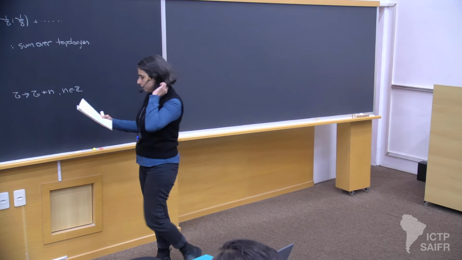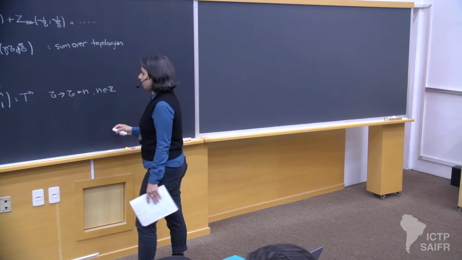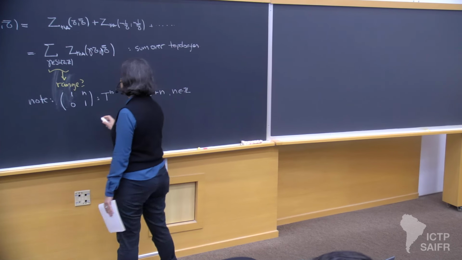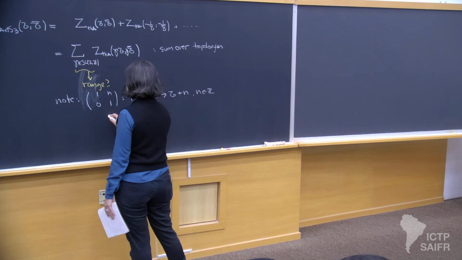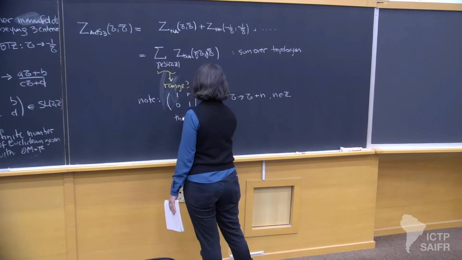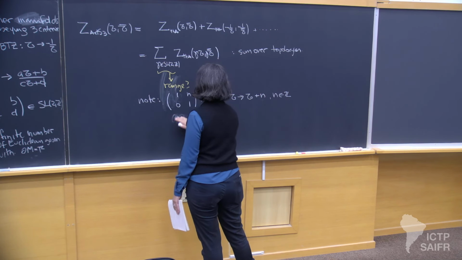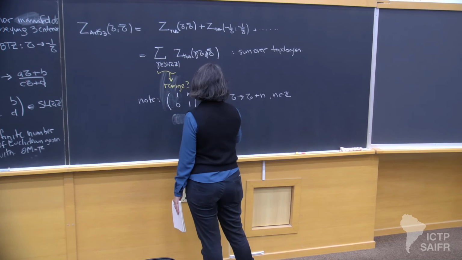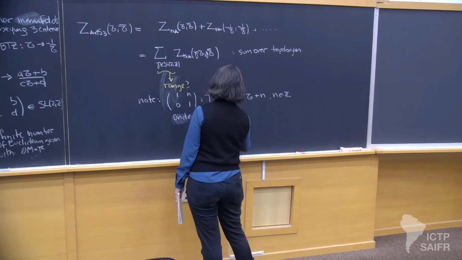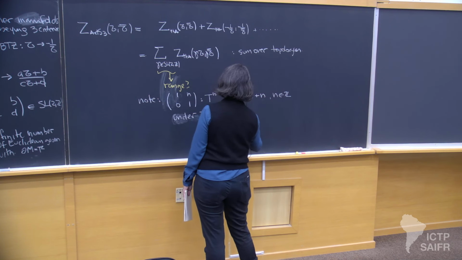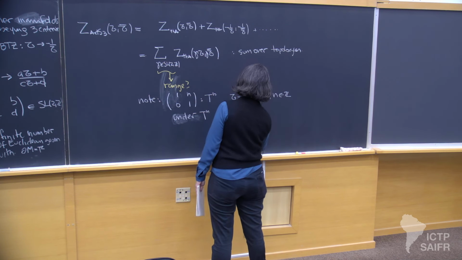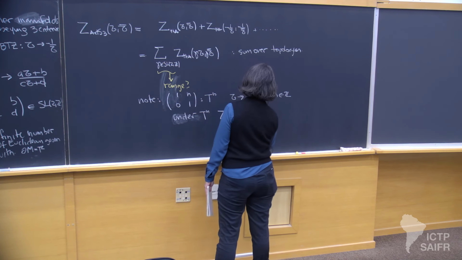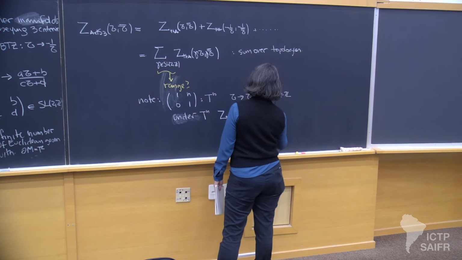So under T to the n, C thermal of this very specific gamma doesn't change.